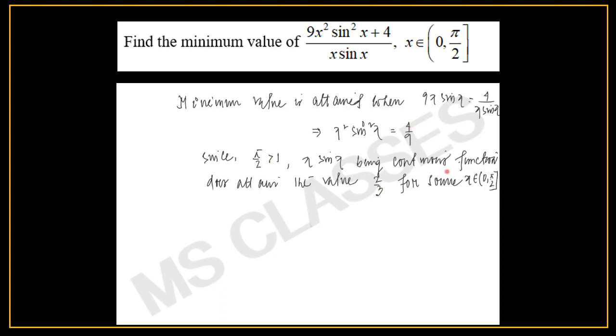So let f(x) = x sin x. Now the right-hand limit, as x tends to 0 from the right, of f(x) equals 0. f(π/2) = 1 × π/2, which is greater than 1.